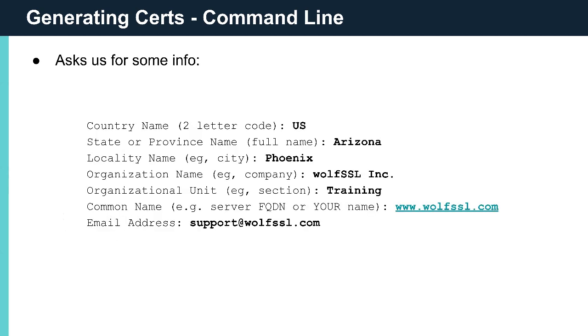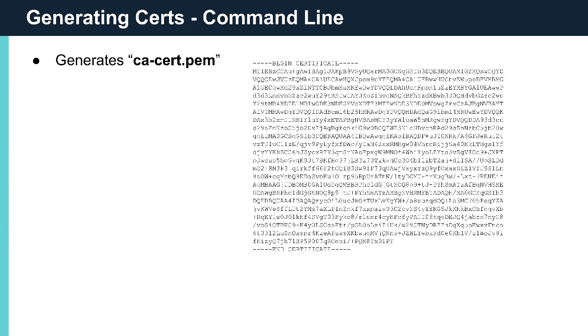It'll ask us some questions about what we want to fill in as far as the subject information goes. So we can enter some data, hitting enter after each of these prompts. And it'll output a certificate that looks something like this into ca-cert.pem.